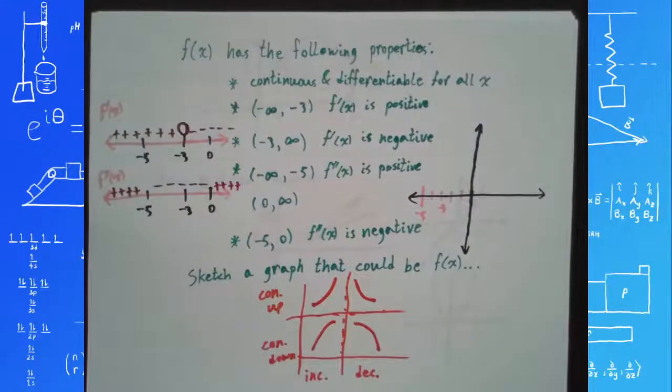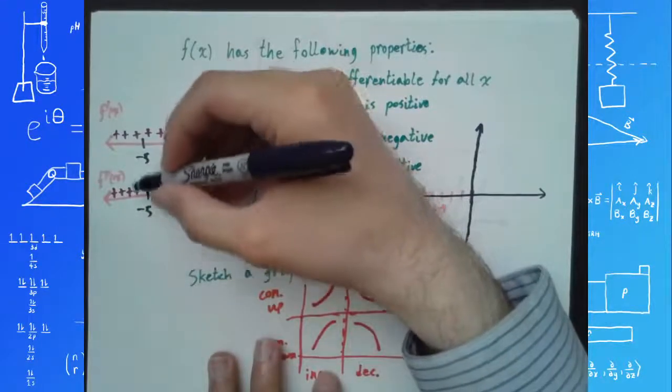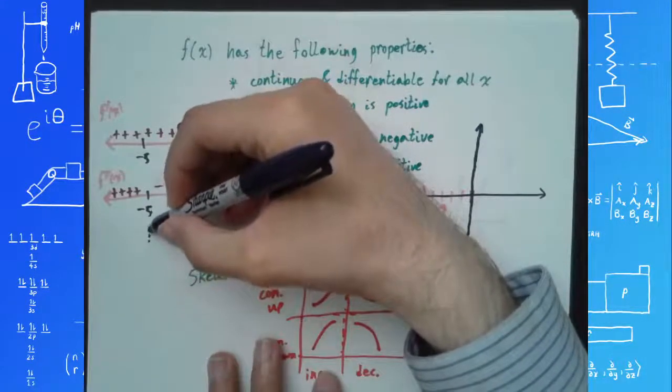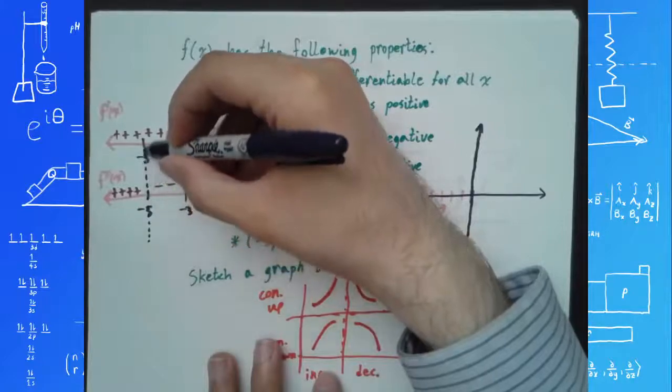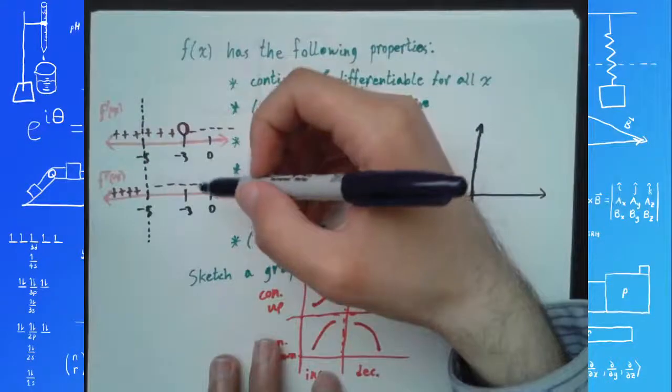Okay, and here is where I divide this up into a bunch of different sections. So basically, anytime either one of these number lines changes sign, that's a section. So here, the second derivative changes sign, so we're going to do a section split at -5.